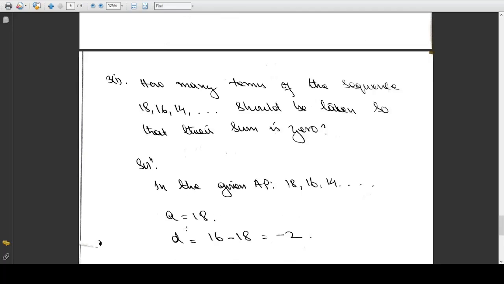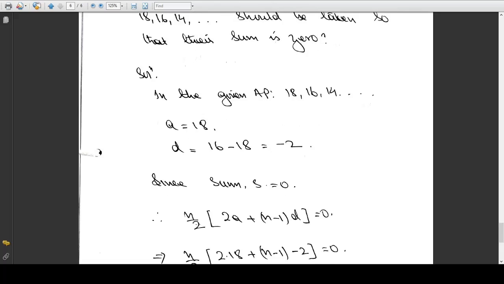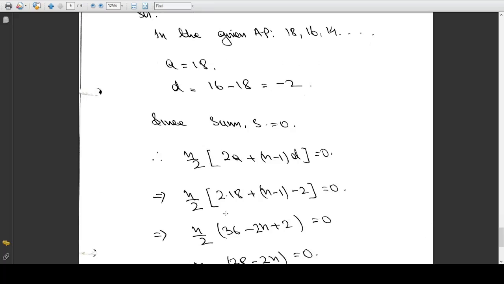A is 18 and d is 16 minus 18, which is minus 2. Since the sum is 0, Sn equals n by 2 times 2a plus n minus 1 d, and this is 0. Now n here we don't know.